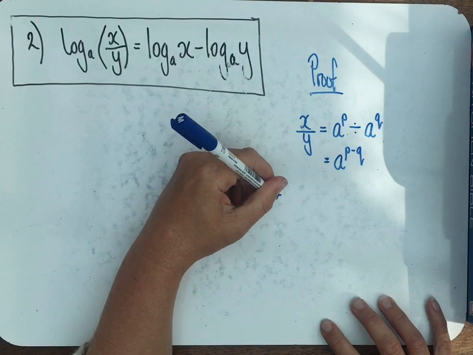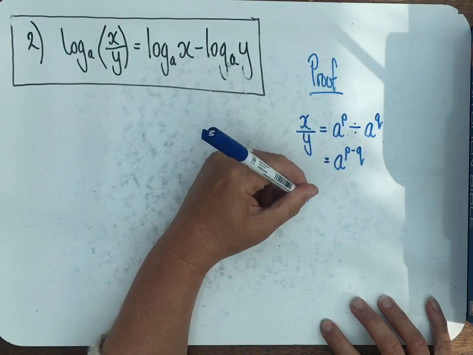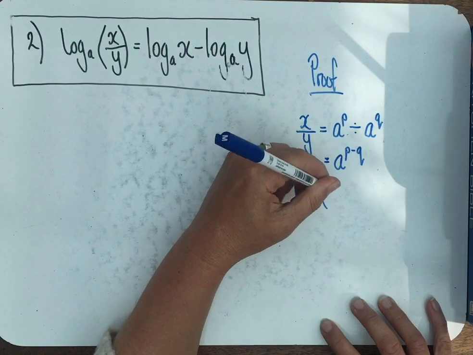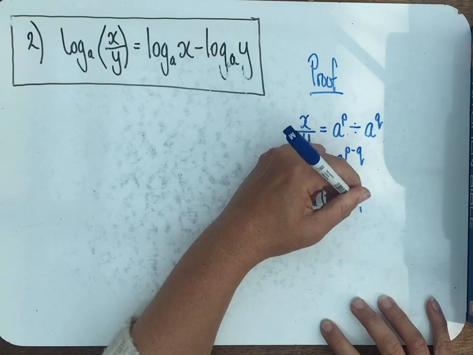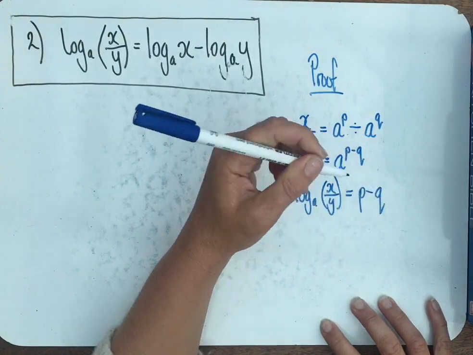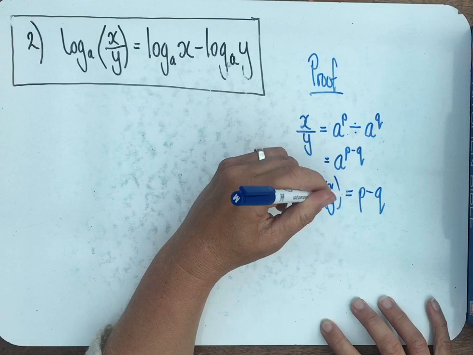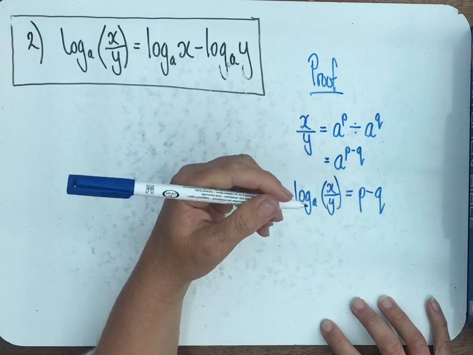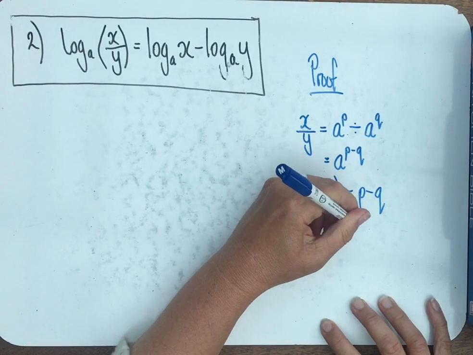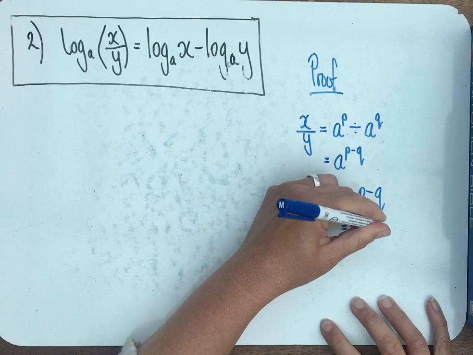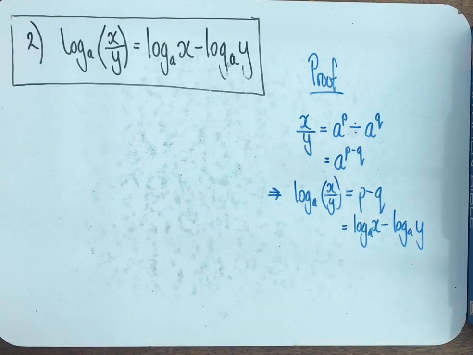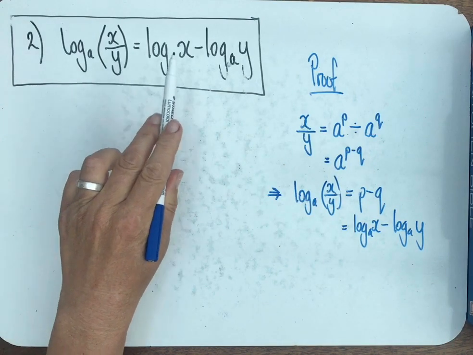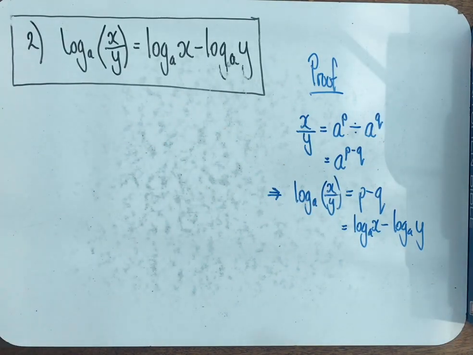So log to the base a of x over y equals p minus q. So that's rewriting this power as a logarithm, and p is log to the base a of x minus q, which is log to the base a of y. So when you divide, you subtract. It's because you subtract indices on division.